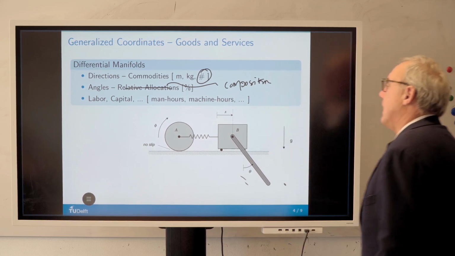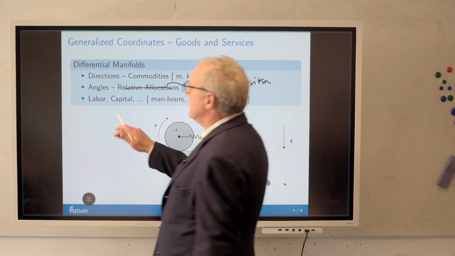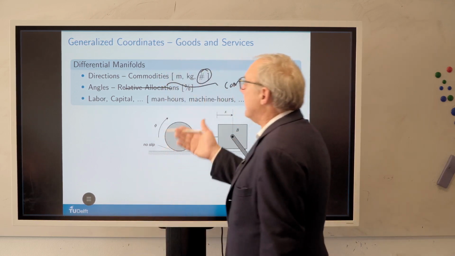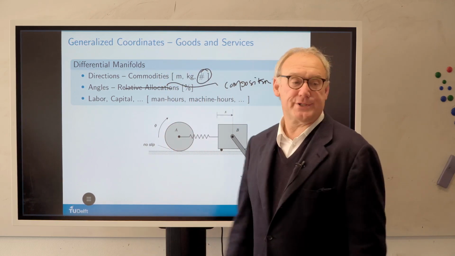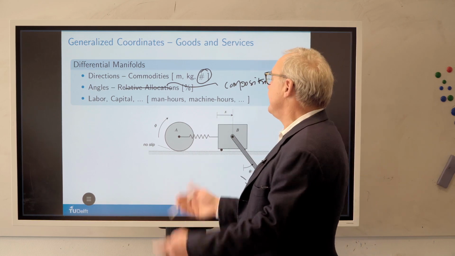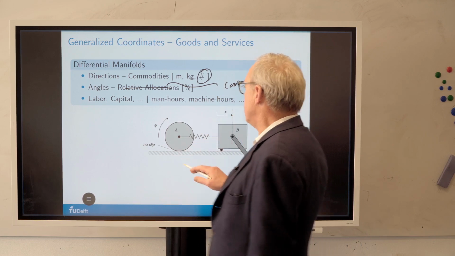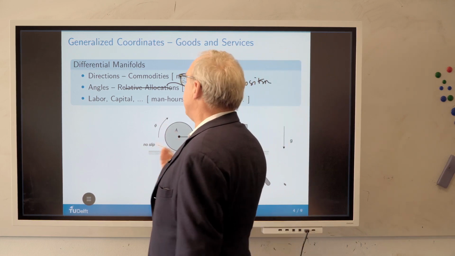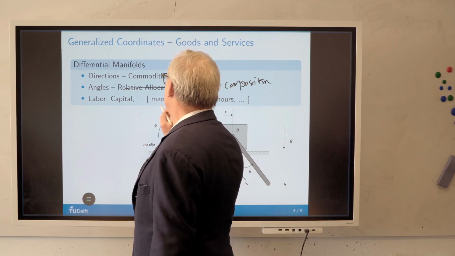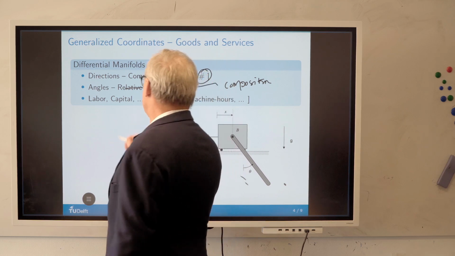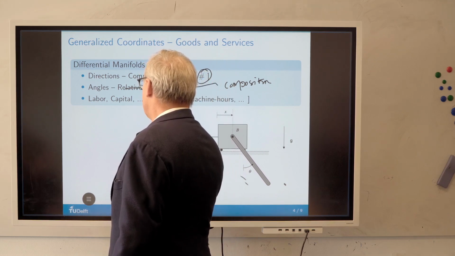And then you also have these things like labor and capital. Labor you measure in man hours, rather than just men, or person hours, maybe you should say. One thing about it is if the labor is in man hours, then what will be the velocity? What will be the quantity demanded?